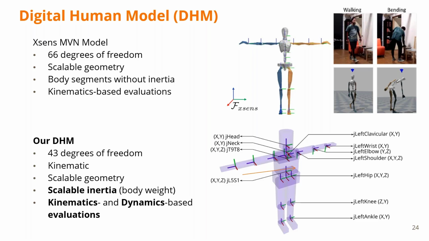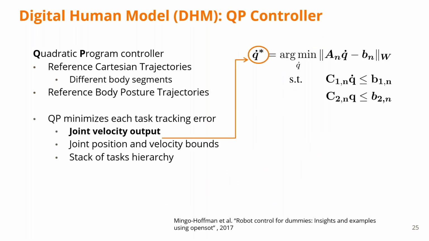Now, to track the desired motion of our DHM in a physics-based engine and perform dynamics evaluations, the model also needs to be controlled. In order to do this, we use a technique that is widely used in humanoid robotics.